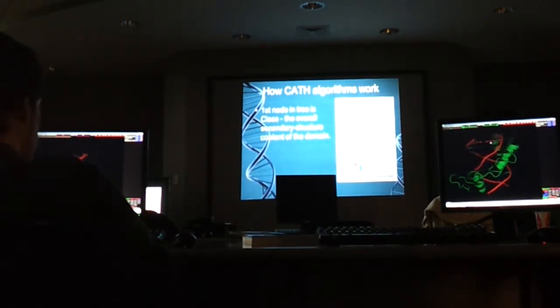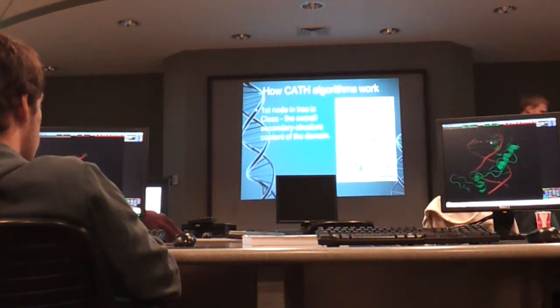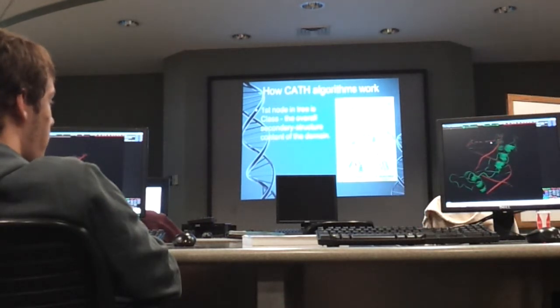How CATH algorithms work. First, if you were to select a sequence of amino acids. If you don't want to block the screen, you can take it all the way to that side, or if you can stand blocking the screen for a few minutes, you can put it right there.